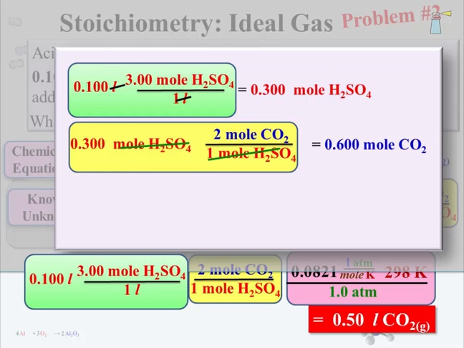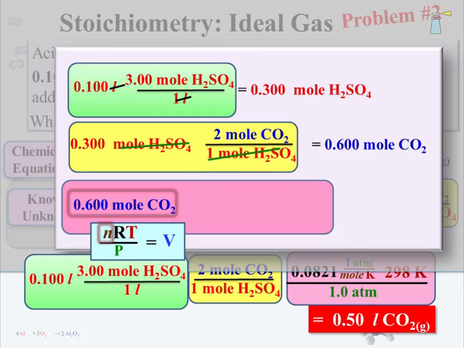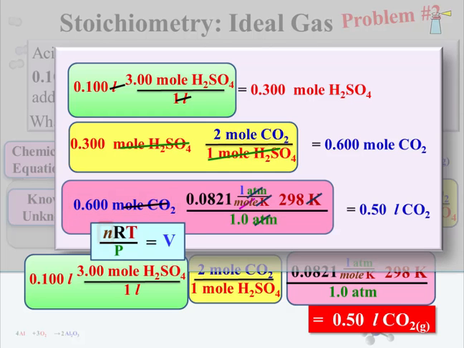Leave 0.600 moles of the wanted substance, carbon dioxide. That mole amount is the n in the ideal gas law equation solved for volume. To get volume, multiply it by R and T and divide by pressure. Cancel units, and the math is the same, 0.50 liters of carbon dioxide.